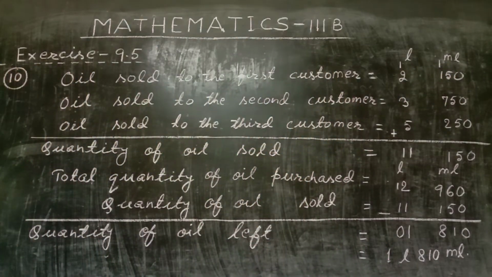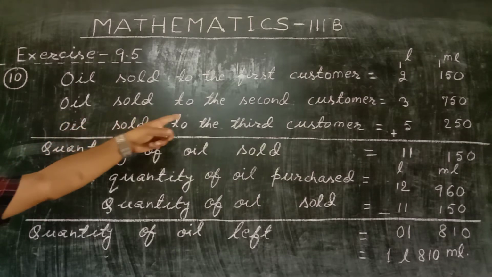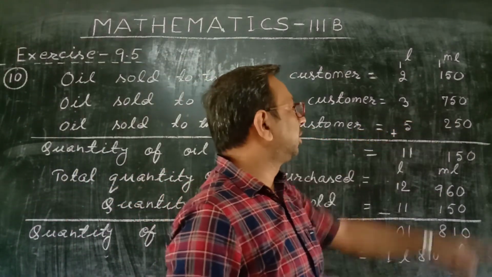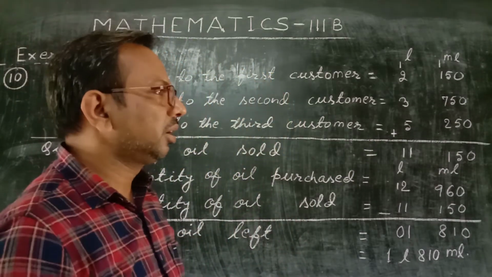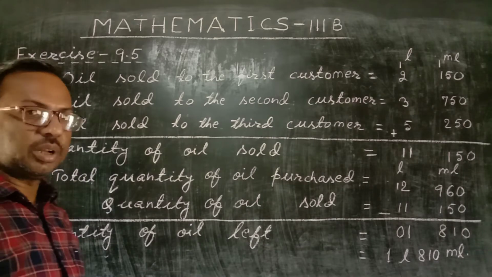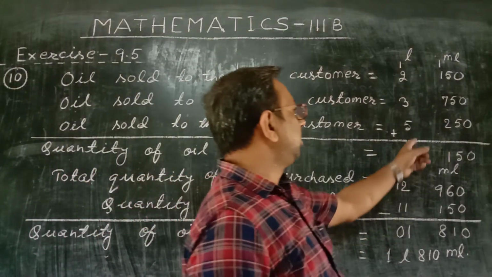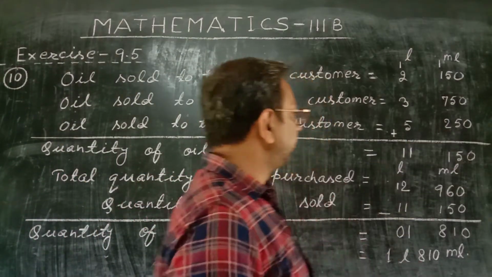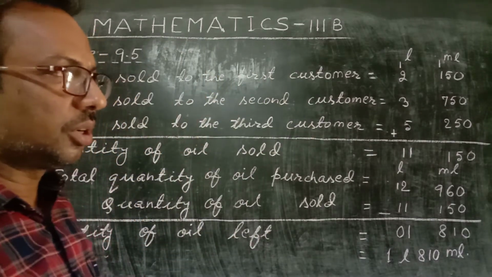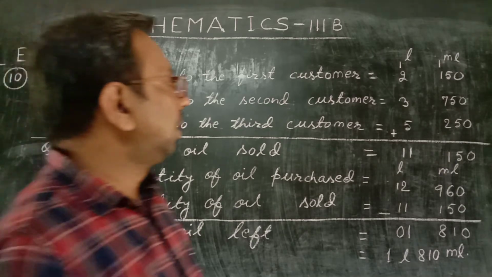Then the second statement, oil sold to the second customer equal to 3 liter 750 milliliter. I arrange this in liter and milliliter columns. Third statement, oil sold to the third customer equal to 5 liter 250 milliliter.